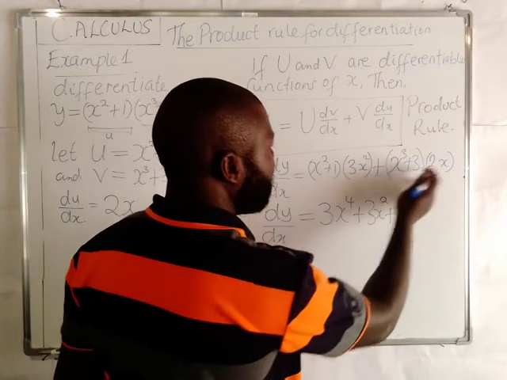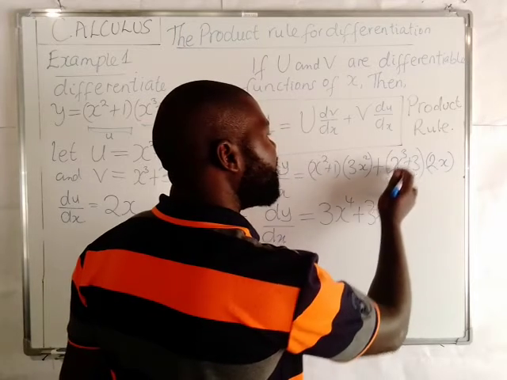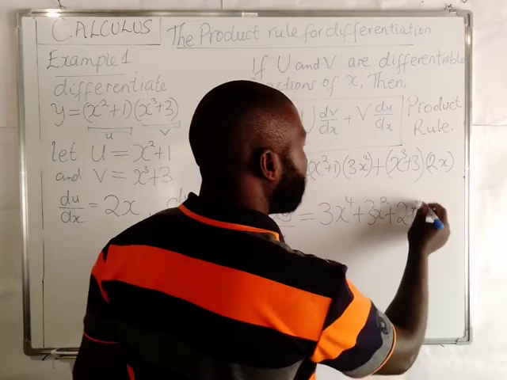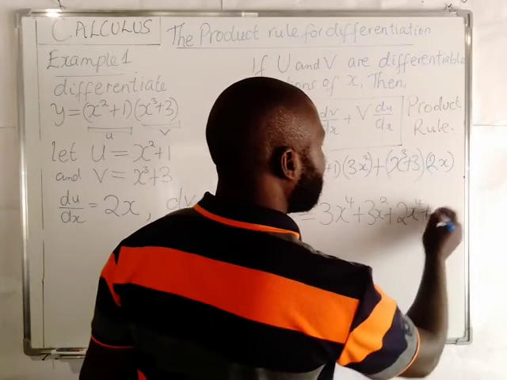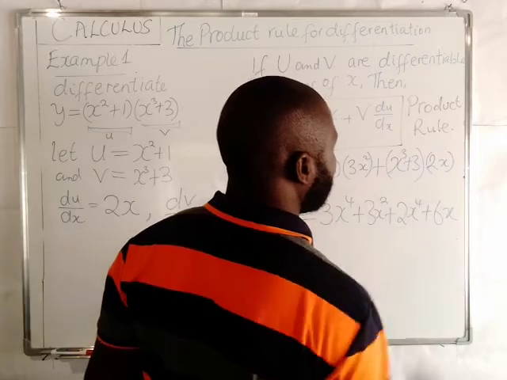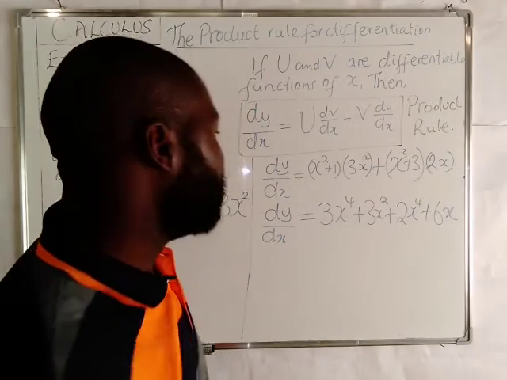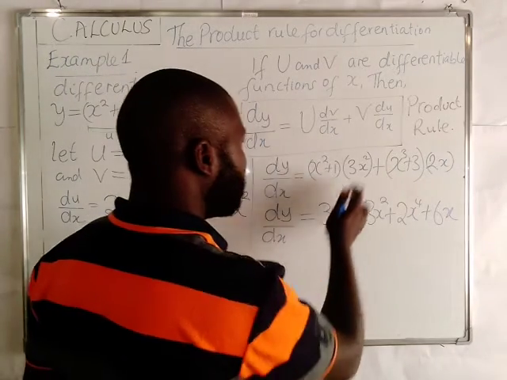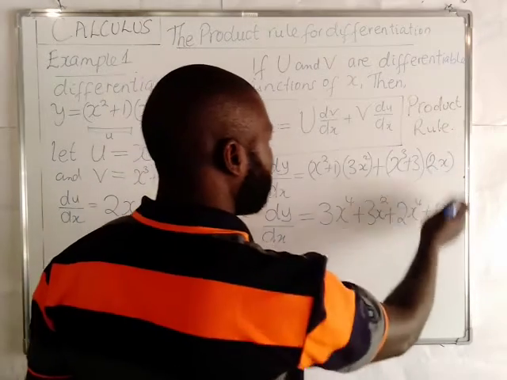Plus, now we come here, again we distribute. 2x by x power 3, we get 2x power 4. Then 3 by 2x, we get 6x. Okay, so basically, this is what we are going to get.